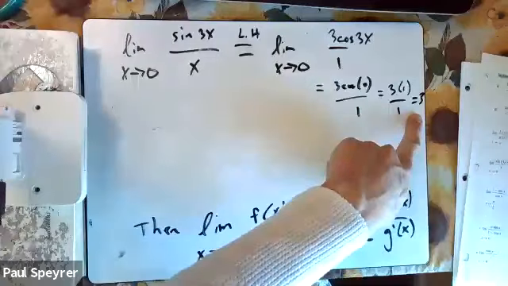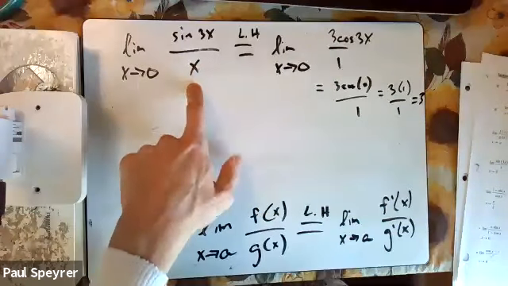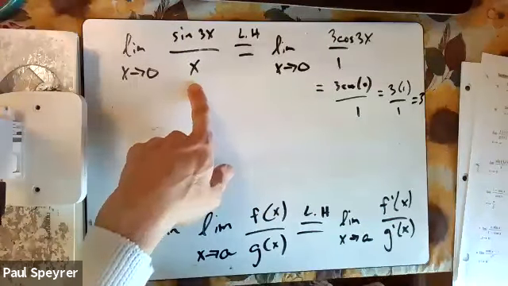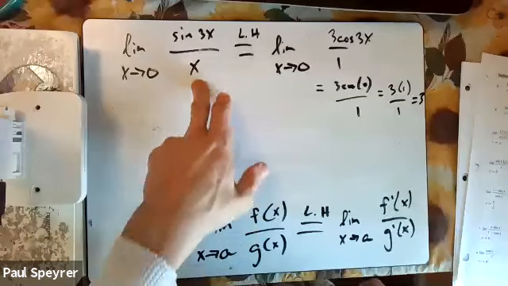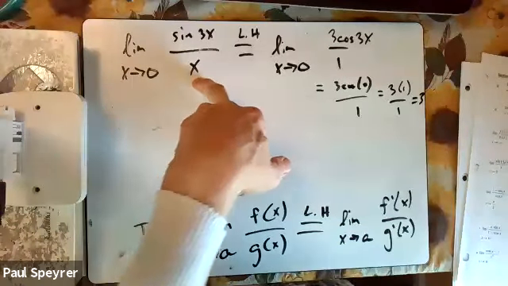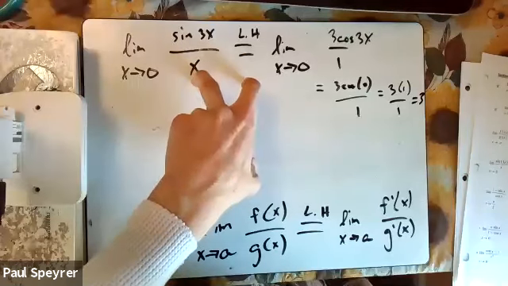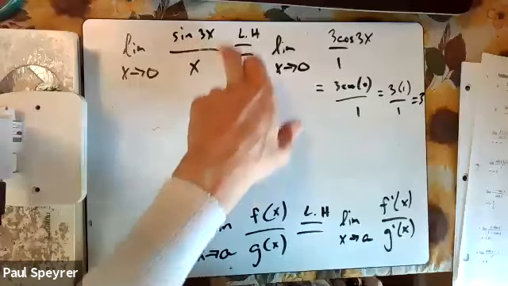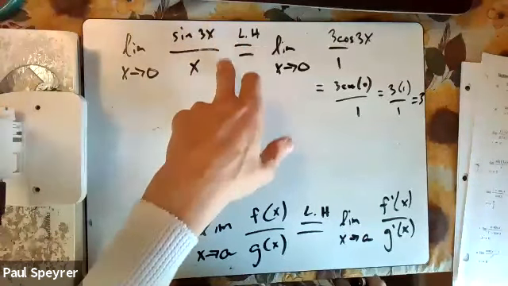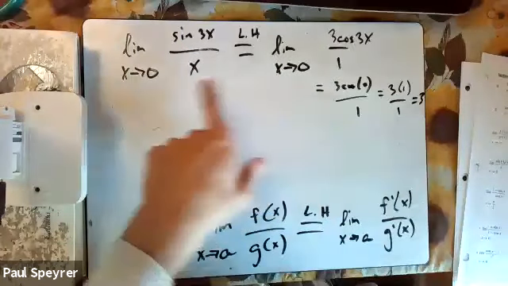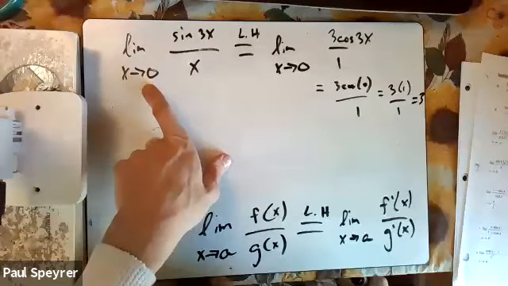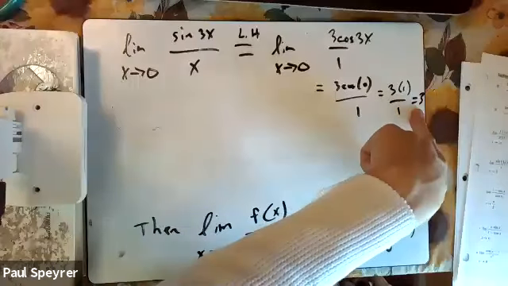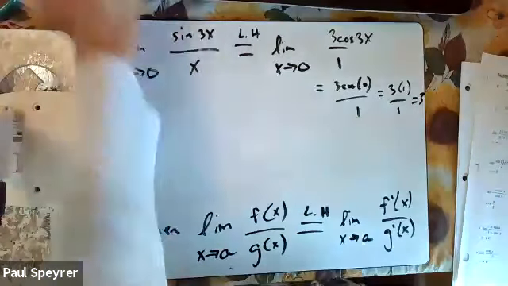See, your limit does exist right here. It's positive 3. If you were to graph this, like I showed in one of our first lectures with the Desmos graphing calculator online, I know you can't use them, but if you want to visually see what's happening as x gets close to 0, you see your y value is approaching 3.